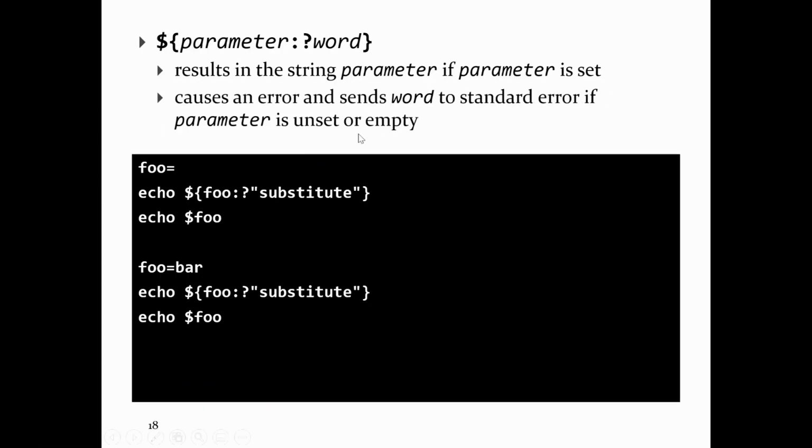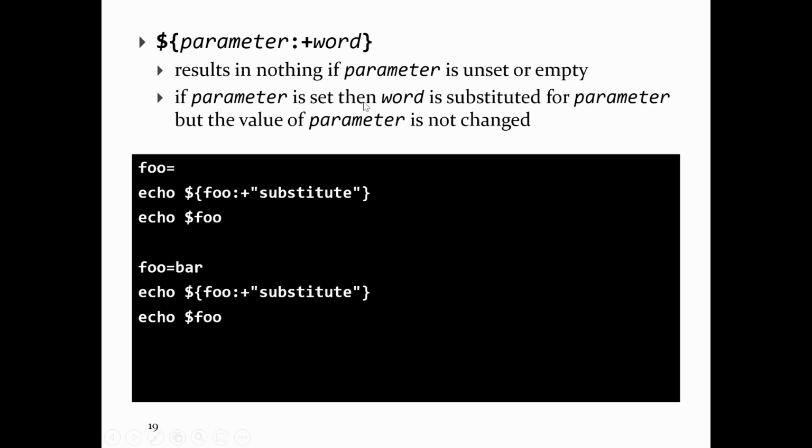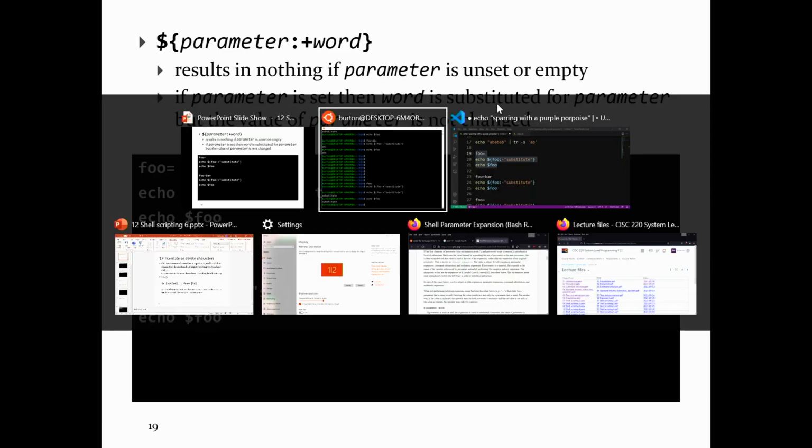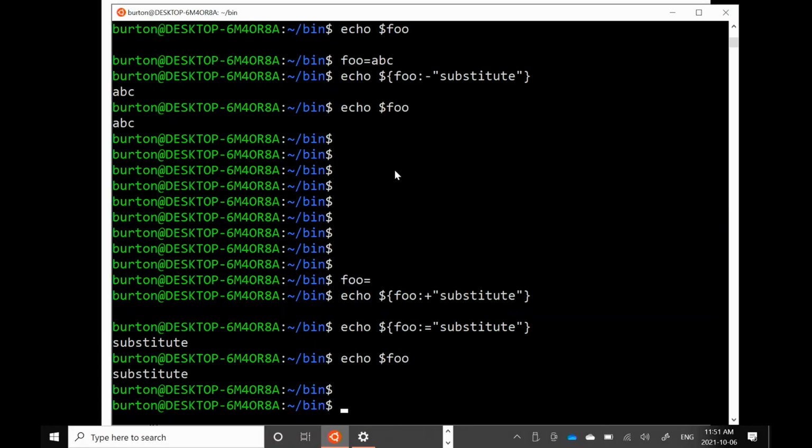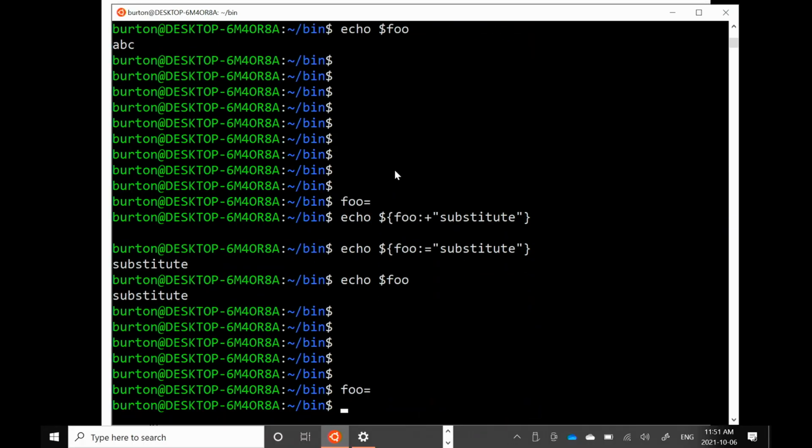I'm going to skip over this one because it's strange when you run it from the command line. This one, though, is kind of the opposite. If the word is not set or empty, it does nothing. But if it is set, then you end up substituting word in its place. So foo is empty.